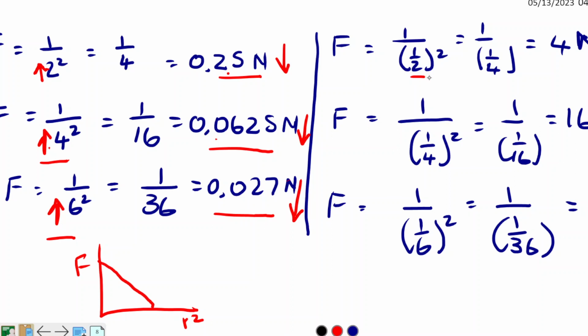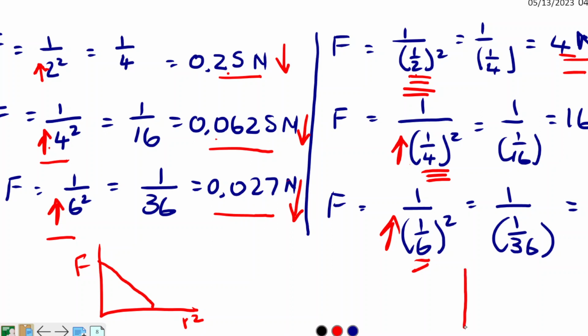But now what happens if you put the inverse of the distance squared? In this case, I have the inverse, which is 1 over 2 squared, and the force becomes 4. I increase the inverse of the distance, now 1 over 6 squared, and the force also increases. So if you increase the inverse of a distance, the force will always increase.